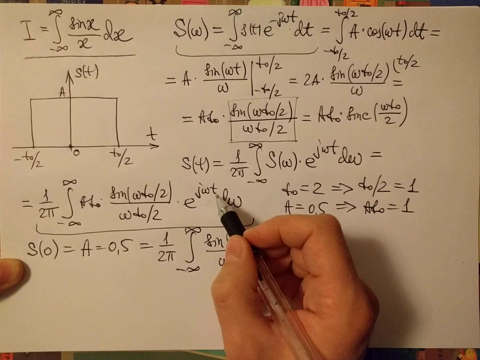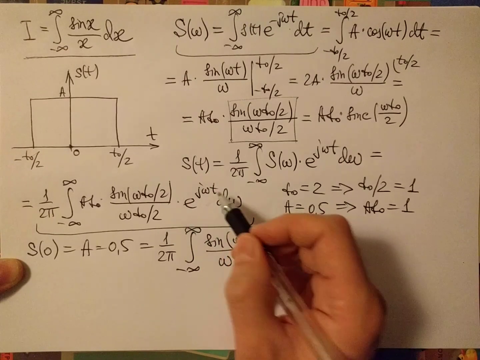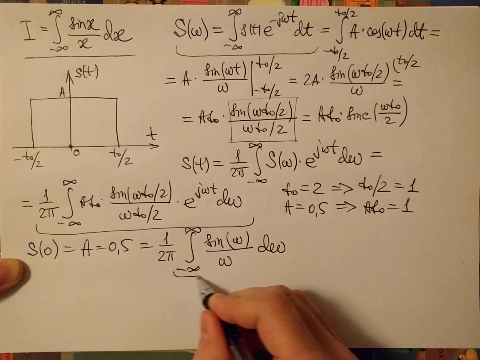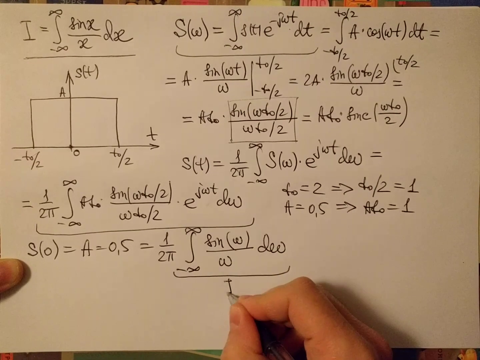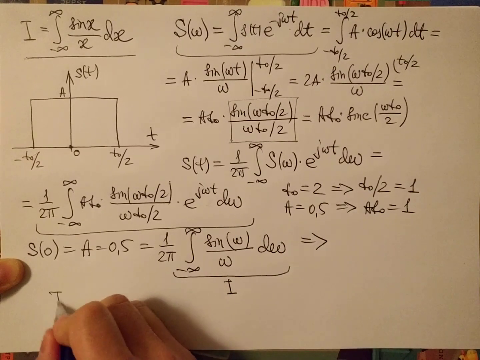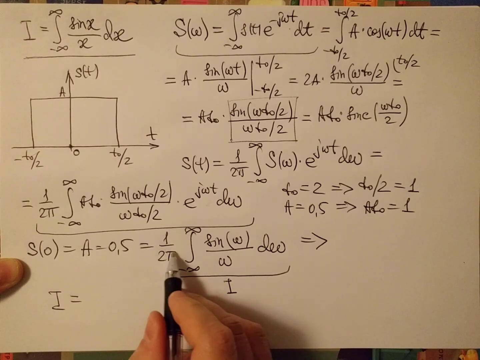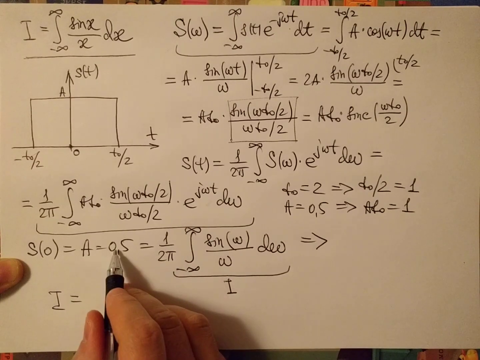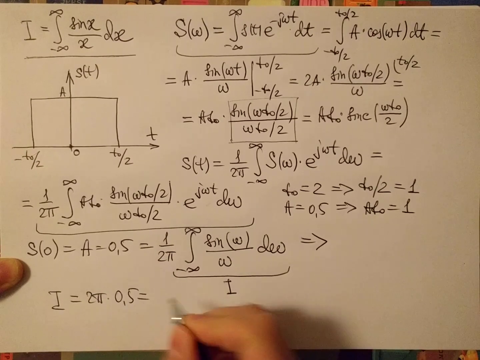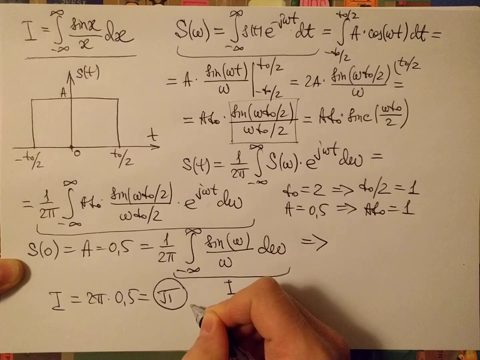And if t equals 0, then this exponential multiplier turns to 1, d omega. And this is exactly what we need to calculate. So I equals, we put 2 pi to the left side, and we have 2 pi times 0.5. And finally, our integral equals pi.